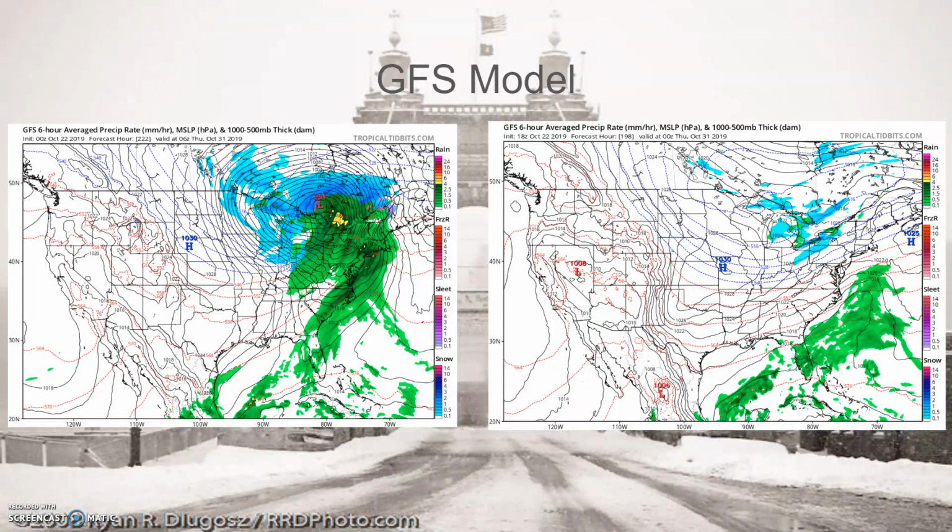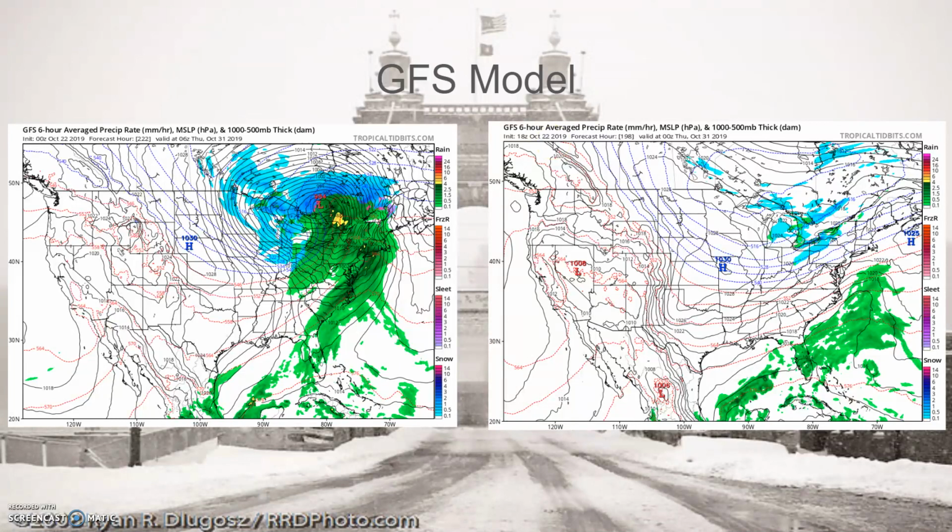And to illustrate our model issues and why I can't really tell you anything on this, here's a look at 2 GFS runs. On the left side you have the earlier run, and on the right side you have the later run. This earlier run was a midnight run on the 22nd. This was an evening run on the 22nd.